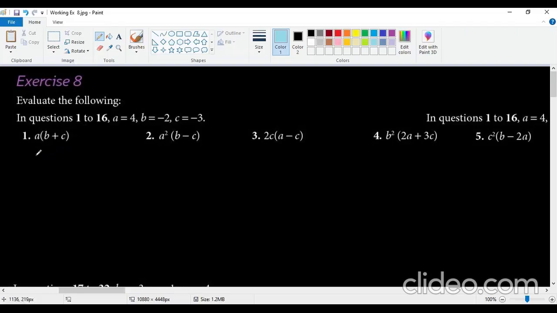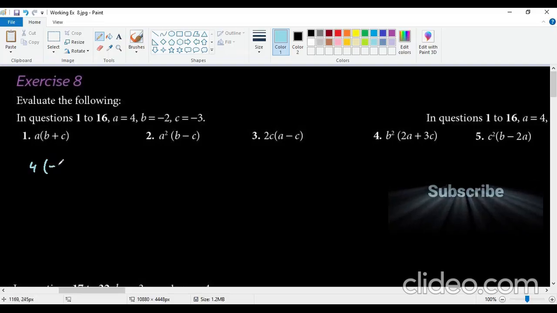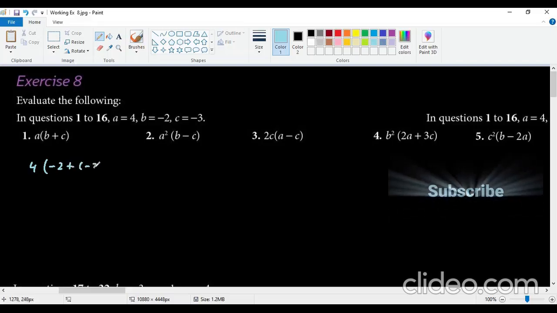Now first of all, I will be evaluating by providing the values given by two different methods. First is to simplify and then put the values, and second option is to go for substituting the value directly. Now a is 4, and in the bracket we have -2, which is b, and minus c, where -3 is the value of c. So I'll be doing this way.